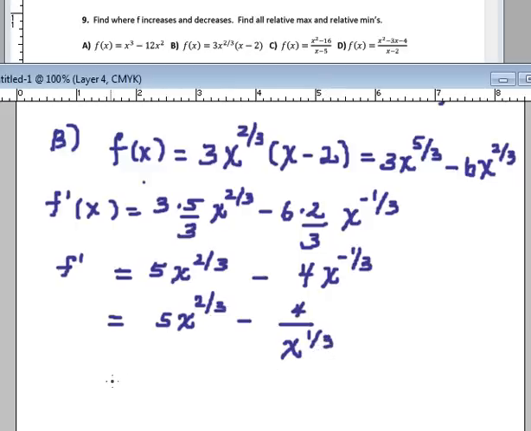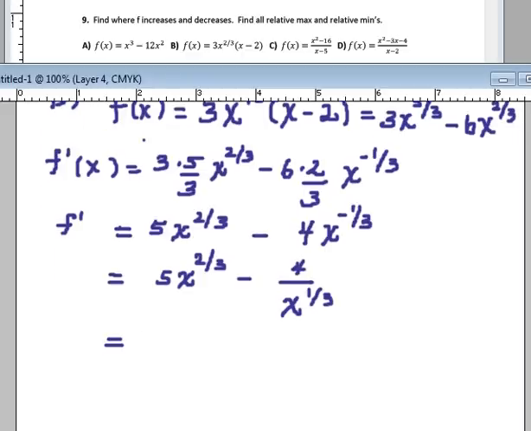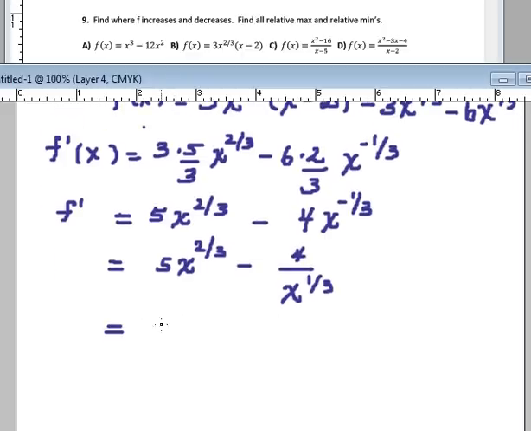Okay, since we have two terms, in order to find where f prime is equal to 0, it's really easier if we combine these in a single term, and then we'll set the numerator equal to 0, and that'll be where f prime is equal to 0. The common denominator here is x to the 1/3. So let's multiply the top by x to the 1/3.